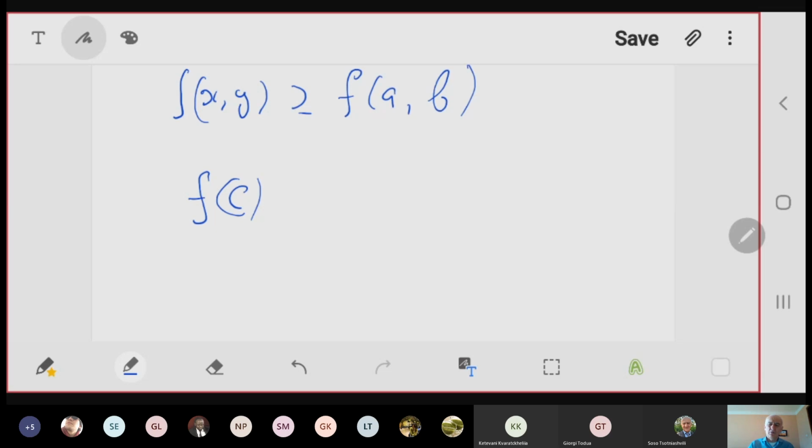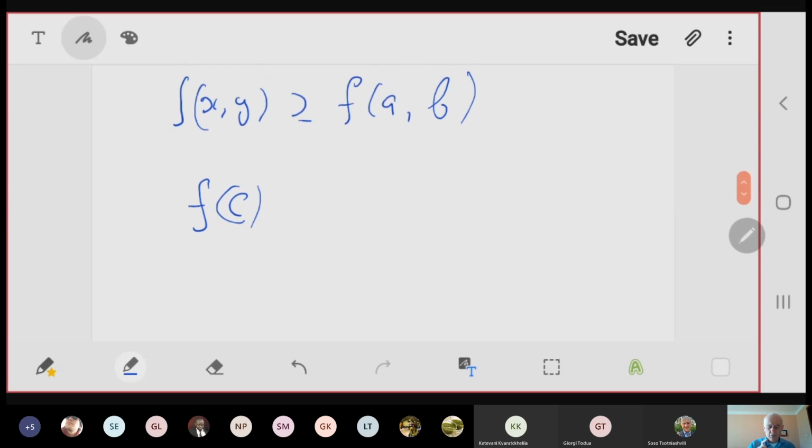Let's also recall that the plural of maximum is maxima, the plural of minimum is minima, and the plural of extremum is extrema. So in case of a single variable, we had the necessary condition that the derivative of the function at the point c must be equal to 0.